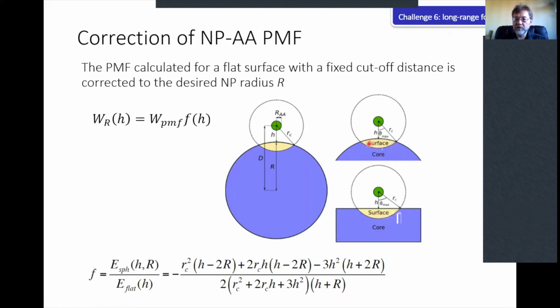What if we want to simulate it against a cylinder or nanoscale sphere? Then the range of material, the chunk of material within the cutoff will be different. The shape is different and the number of atoms is different. So we do simply a geometrical correction. We just calculate how much less material will be in the range and correct the potential of mean force using this correction formula.